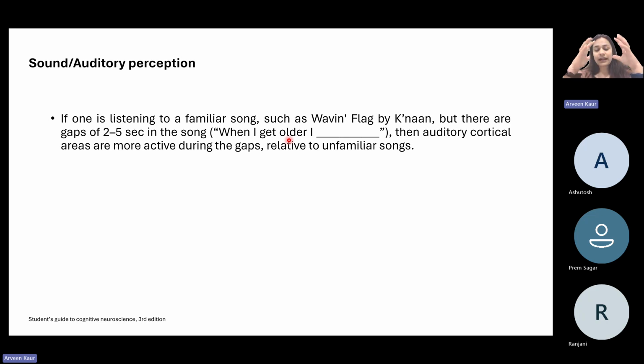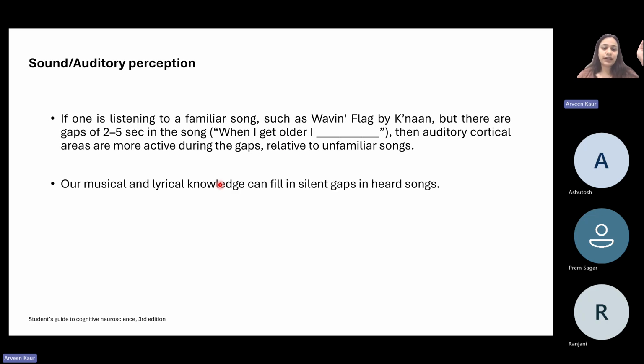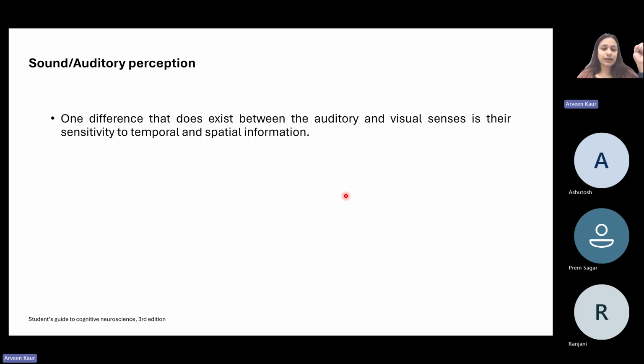So there will be more active areas in your brain as compared to if it was an unfamiliar tune or unfamiliar song, right? So that is the difference between the sensation and perception over here, right? So our musical and lyrical knowledge can also fill in silent gaps in heard songs, right?